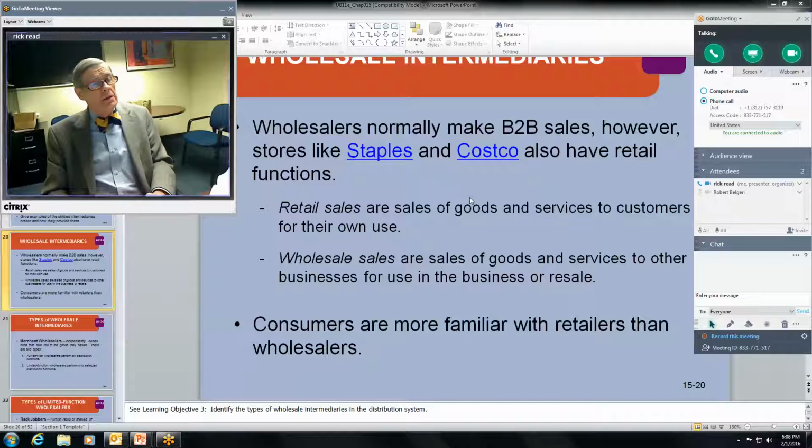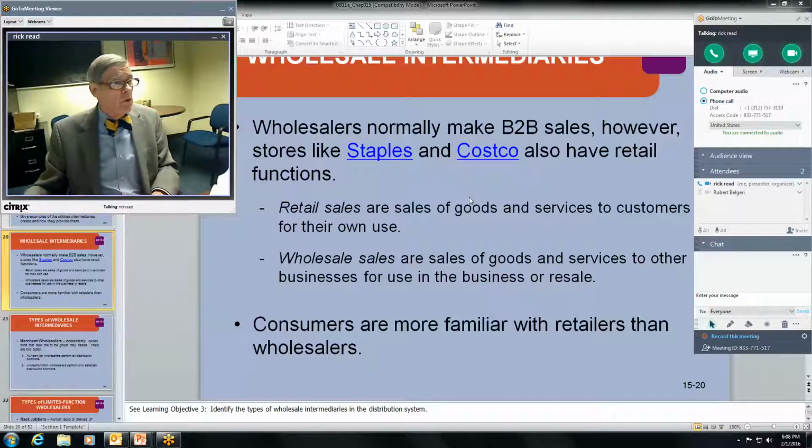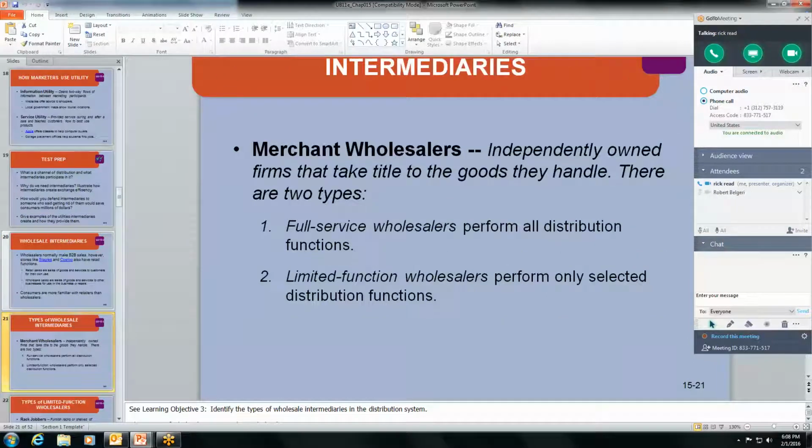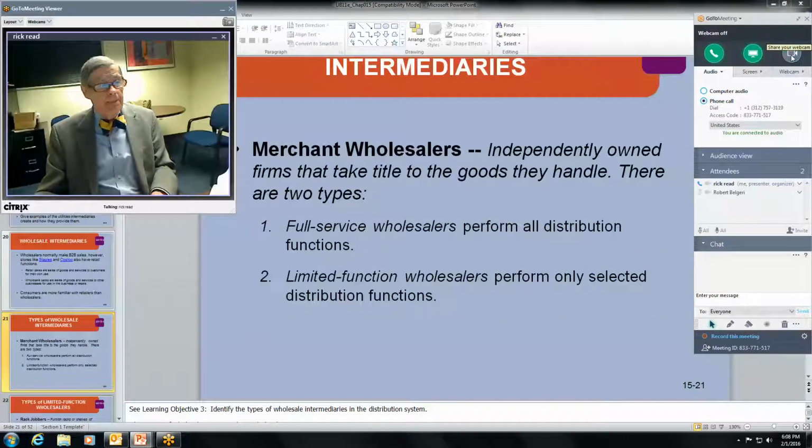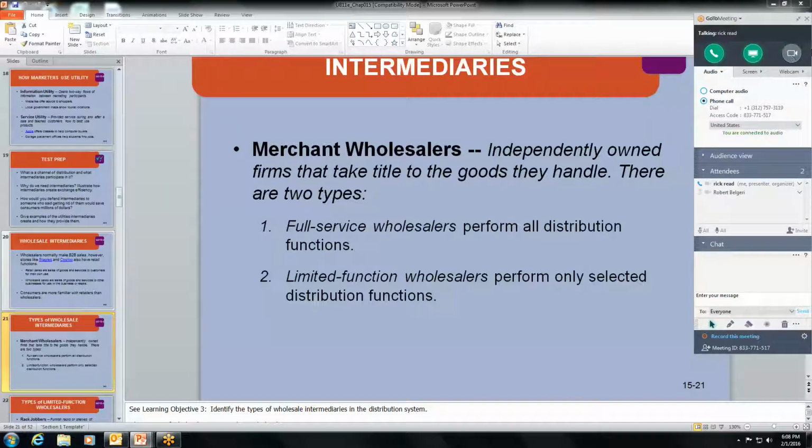And notice that down at the bottom, we know much more about retailers than we know about wholesalers, simply because we do more business with them. Now, there are two types of wholesale intermediaries.